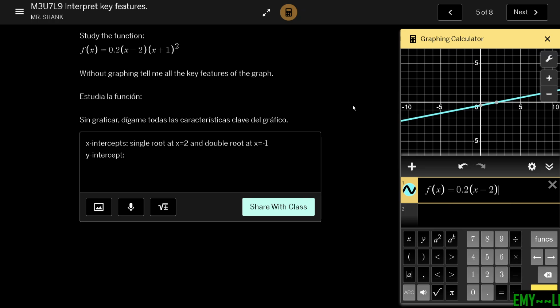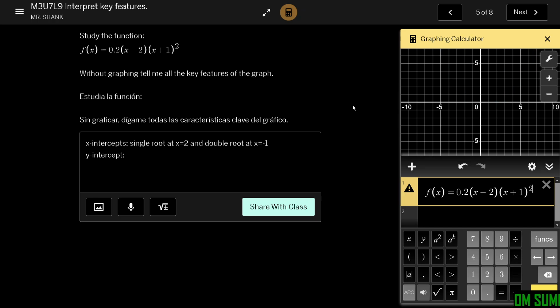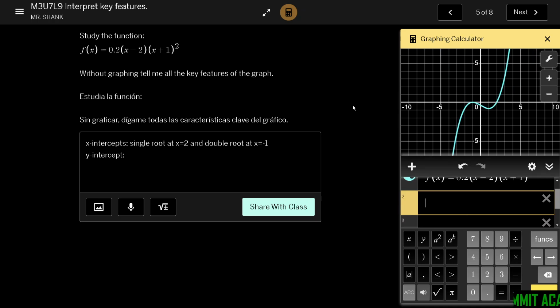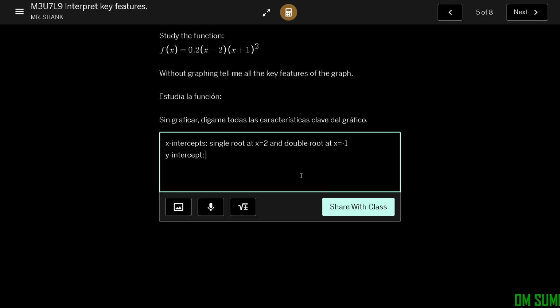I have x plus 1 squared, and what's our f of 0? Because that's our y-intercept. So we're very good. When x is 0, meaning when we look for a y-intercept, it's going to be y equals -0.4. That's good.